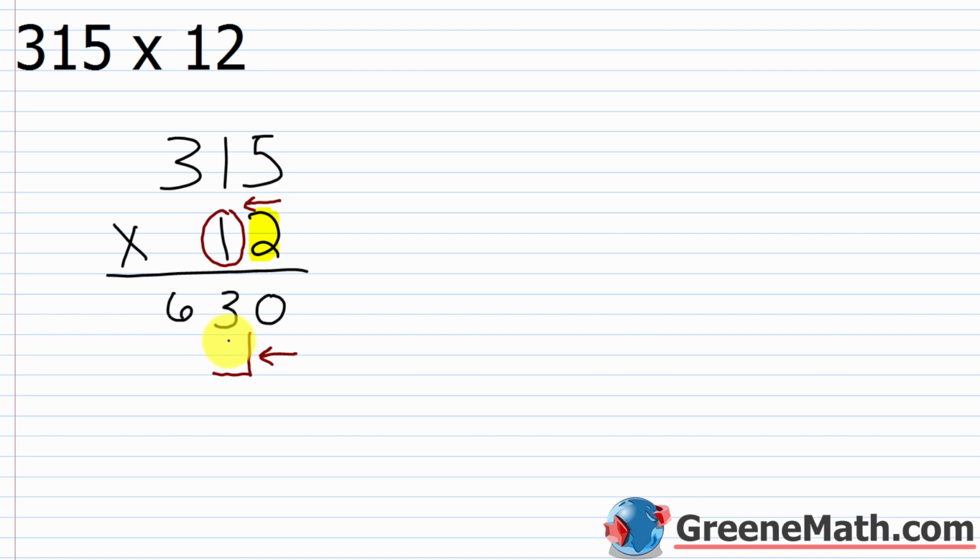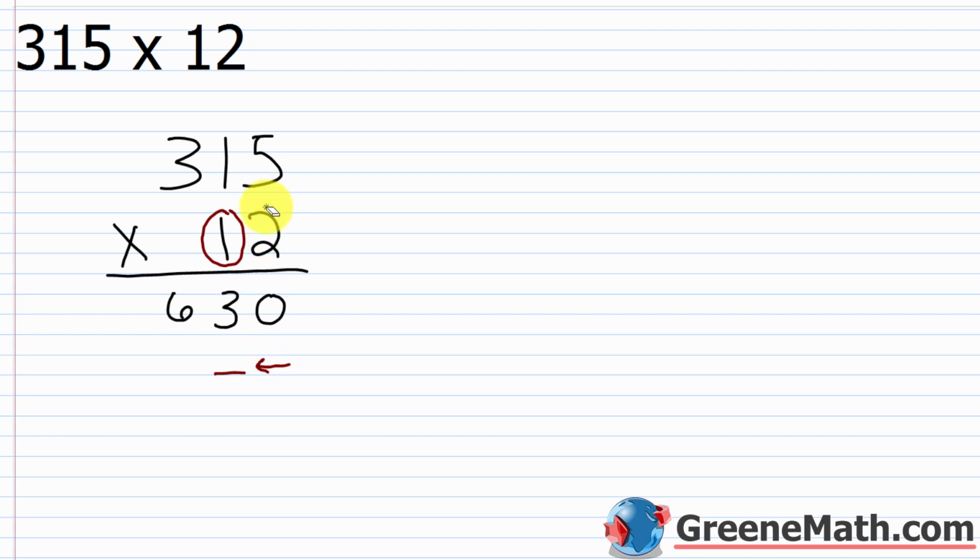So I would write 50 by putting a 5 in the tens place. If I was to just multiply 1 times 5 and put 5 here, I didn't get the right answer, because this isn't a 1, it's a 10. So I really need to do 10 times 5. So to correct for that, we just move 1 place to the left, and we start our answer in the tens place.